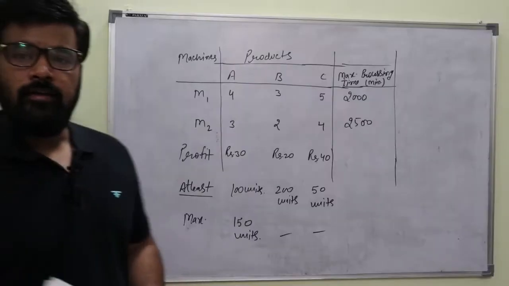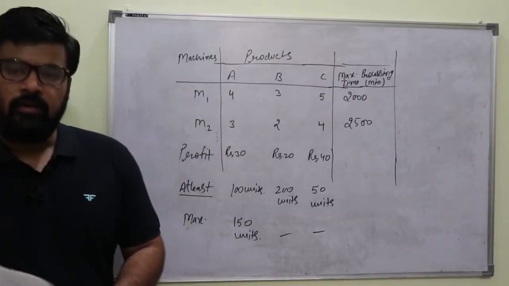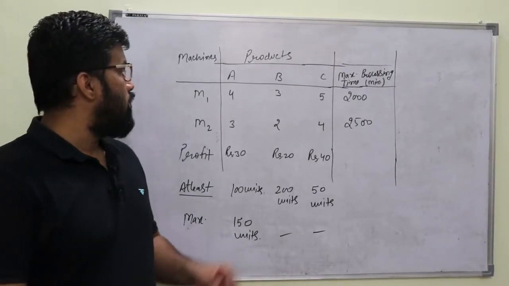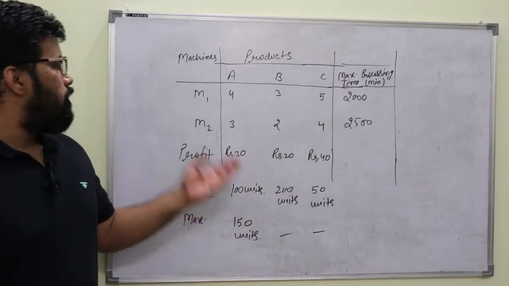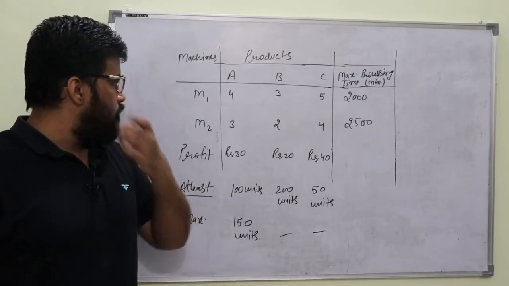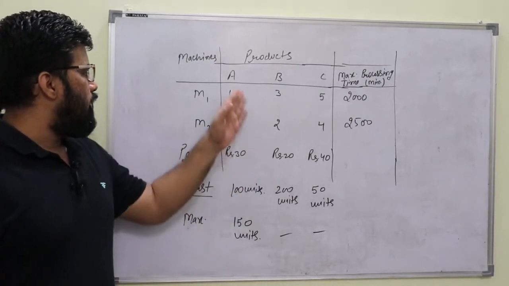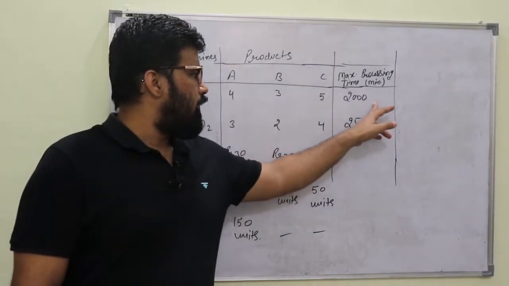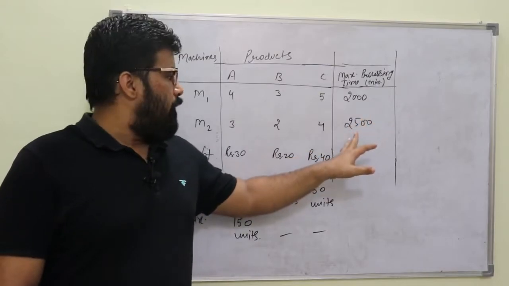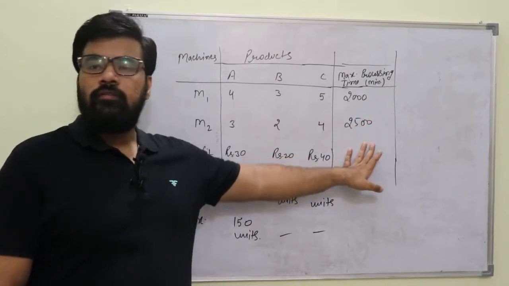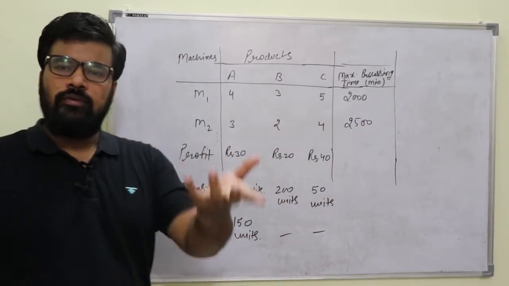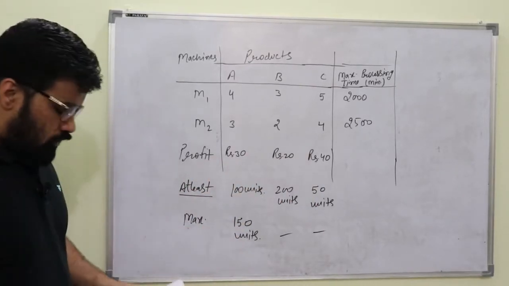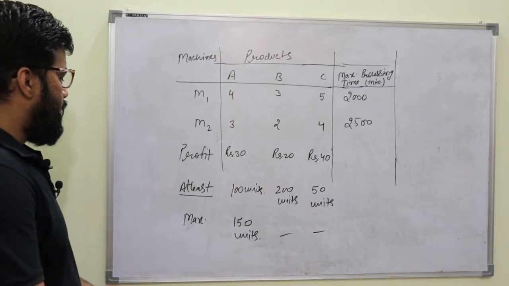So this is the entire case. Let me summarize it in 1 minute. There is a company which produces three types of products, A, B and C. The per unit requirements are given in the first and second rows. Maximum processing time for M1 is 2000 minutes and for M2 is 2500 minutes during that particular period. The profit contributions are the two things which we need to understand.